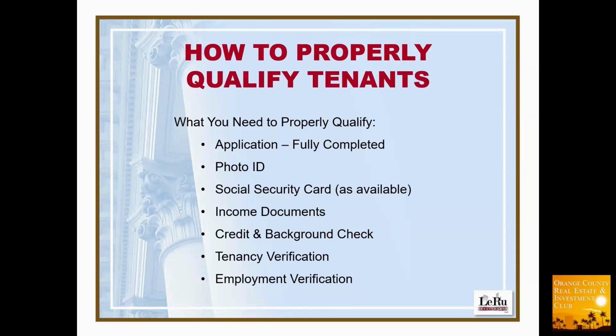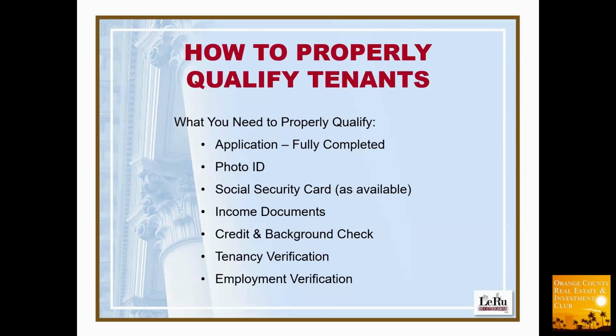Income documents, we recommend getting at least 3 months of income docs, whether it's paycheck stubs or bank statements. And then get your credit and background check done. Have a vendor that does that for you.